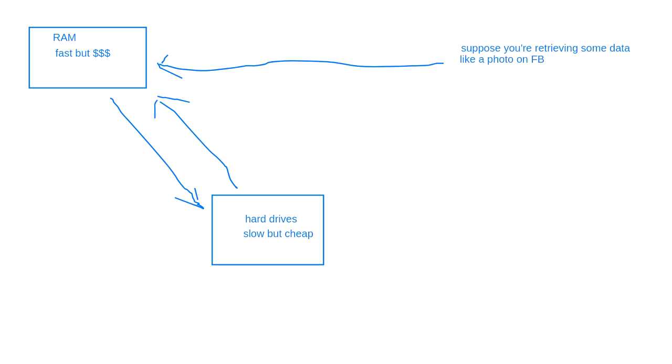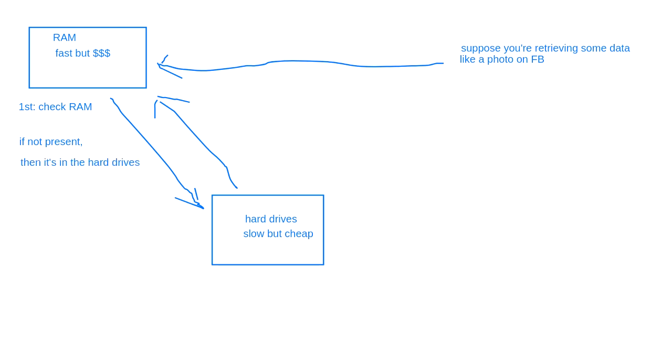Okay. First, you're going to check in with RAM, and you're going to say, hey, is this thing stored in RAM? So first, check RAM. If it's not there, if not present, then it's in the hard drives. So you go there.